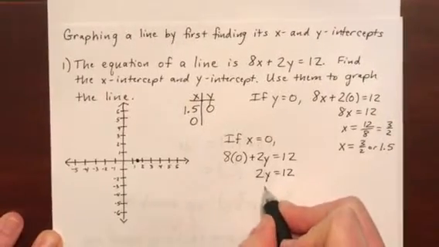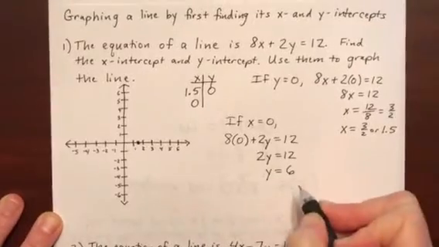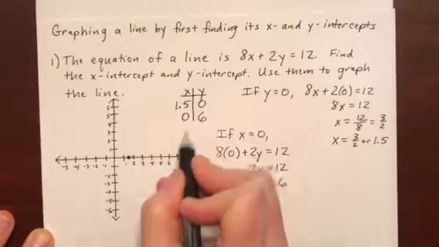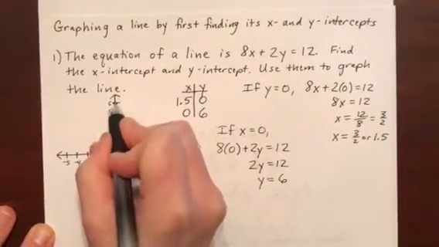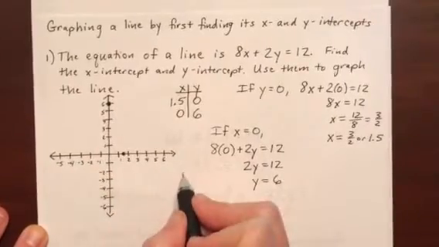So dividing both sides by 2, we have y equals 12 over 2, or 6. And so this then is our y-intercept at 0, 6. And so that would be at 6 on the y-axis.